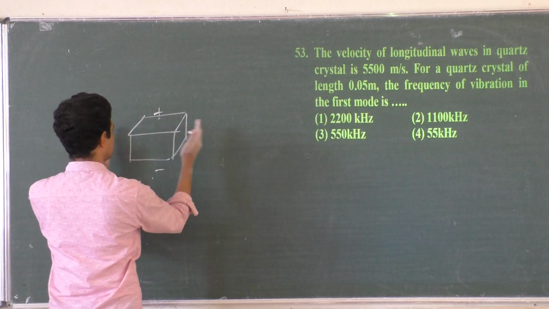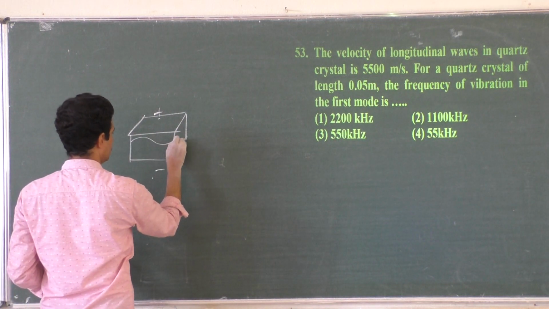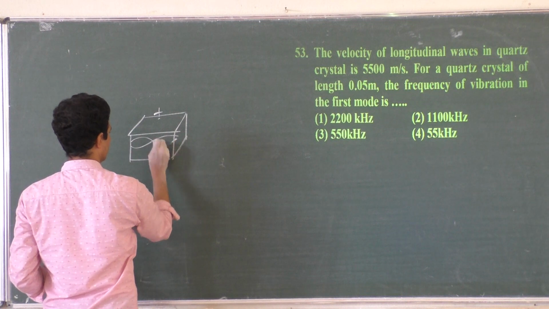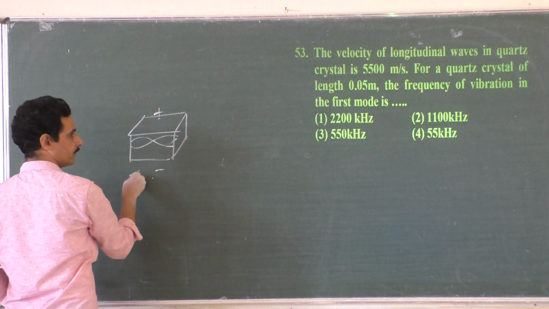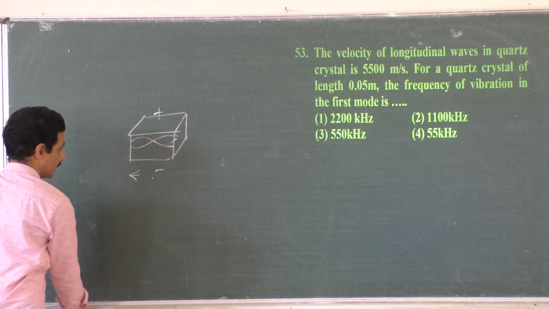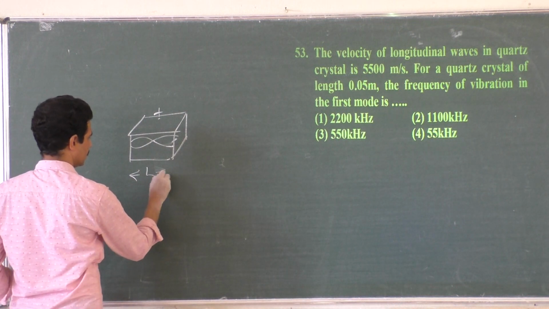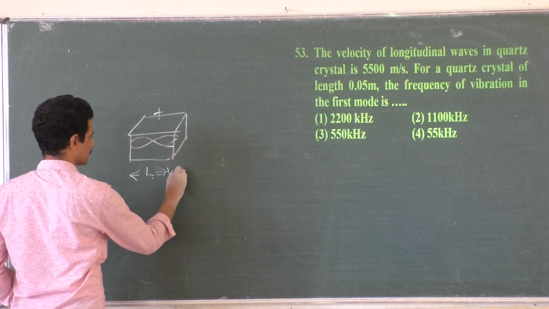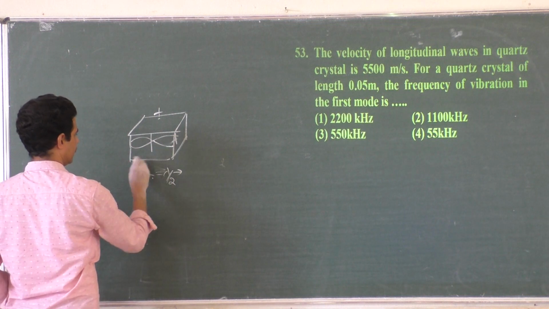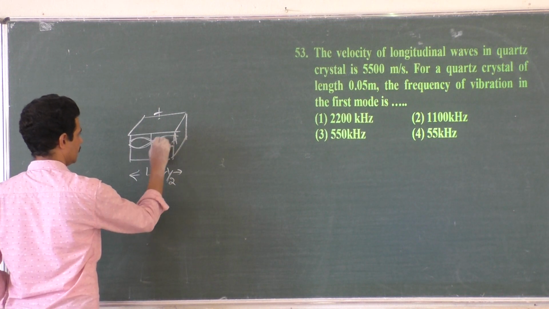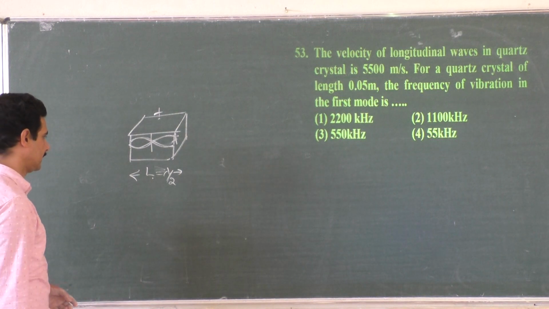So it vibrates with maximum amplitude here. So an antinode and a node is formed here, right? So what is the length of this quartz crystal? Length is equal to lambda by 2, because lambda by 4 plus lambda by 4.